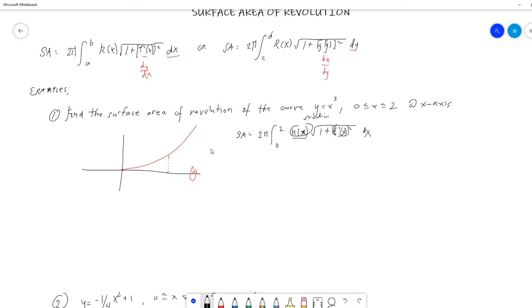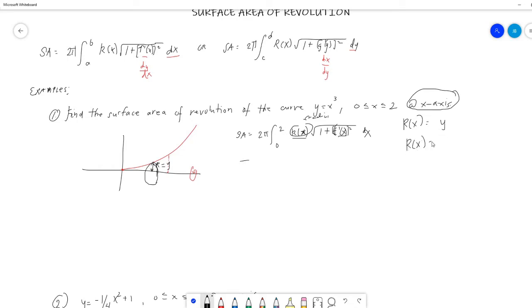Now, we need to find the radius. If you are going to revolve from 0 to 2 about the x-axis, this would be your radius, right? That is your r. Our r of x would just be equal to y.